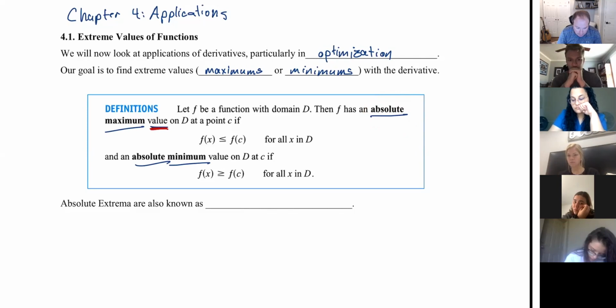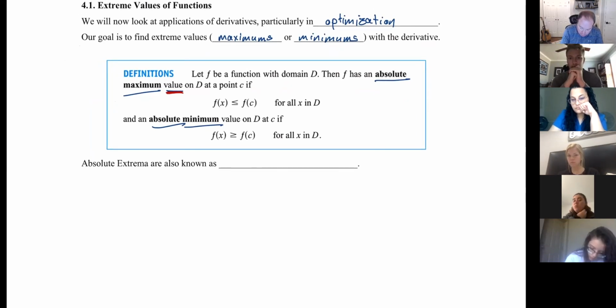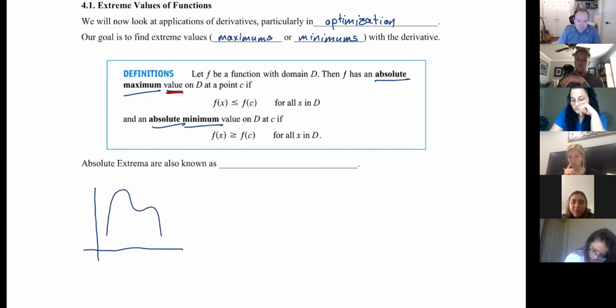and let's just go ahead and visualize it down here below. So if we were to take, let's say, just a generic graph, and let's say we have some function that looks like this right here. Okay, good enough.